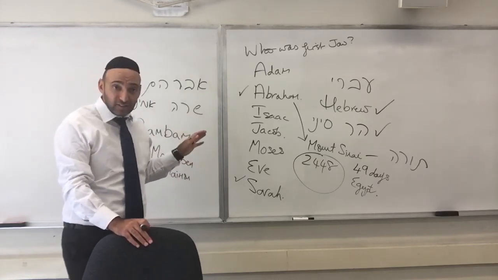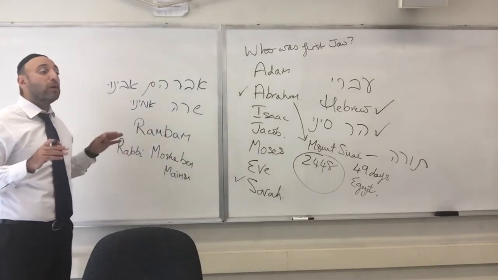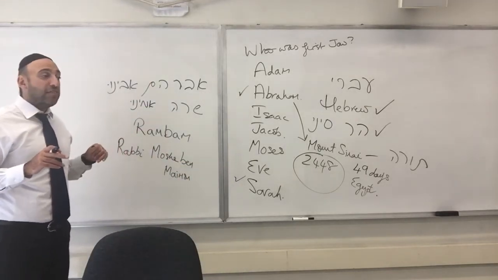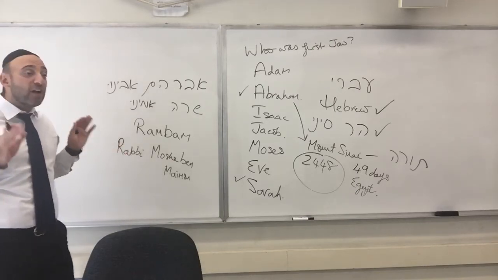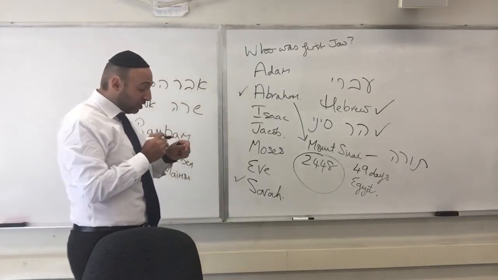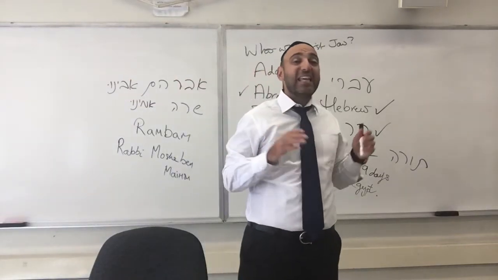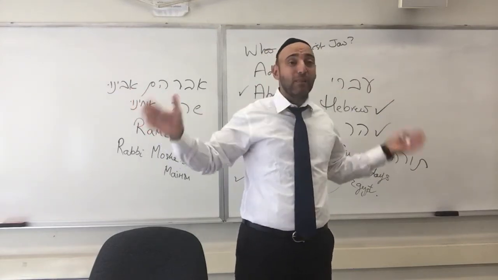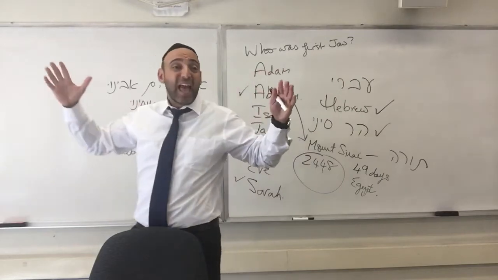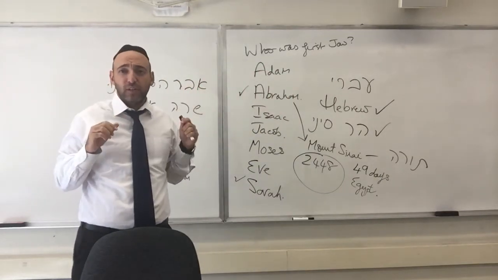There's someone else, a different person who lived around the same time, also a Rishon, called the Ramban. That's not this guy. The Rambam did something very, very incredible. And actually, as far as I know, he's the only person in Jewish history that ever did this. He took all of Judaism, the entire Talmud, the entire Bible, and he wrote it into one set of books as a law book.